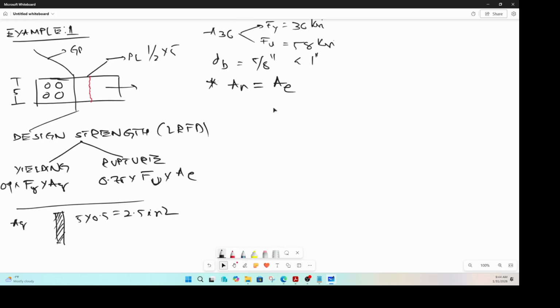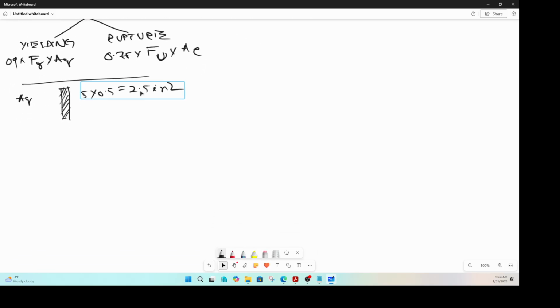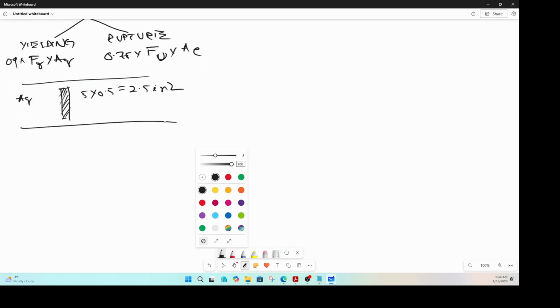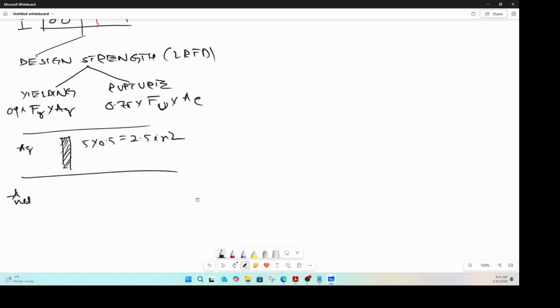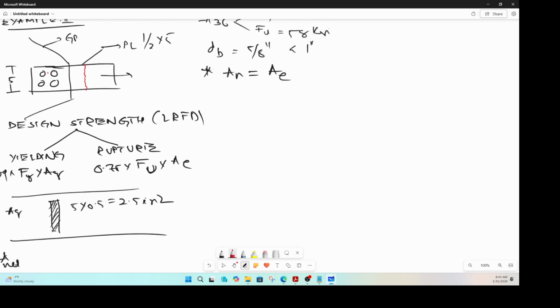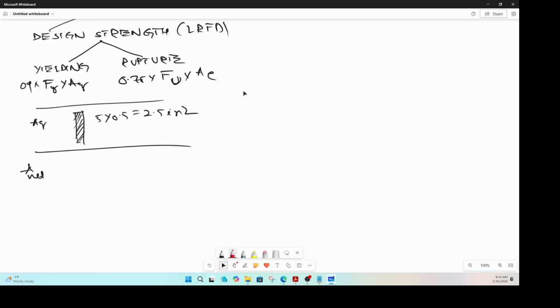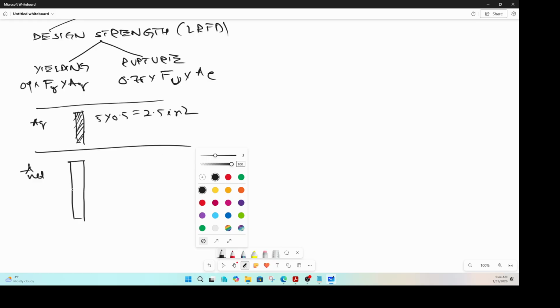Okay. How do you calculate your A net? That's about AG. But how do you calculate A net? A net, that means we are talking about an area which is through that, correct? So A net is nothing but you have that plate, but there are 2 bolt holes, right? So that is your net area, correct?